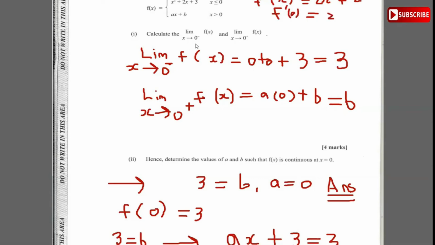So let's continue. f prime of 0, which I found to be 2, is going to be equal to the limit as t tends to 0 of f of 0 plus t minus f of 0, over t. F of 0 plus t means replacing x with 0 plus t.